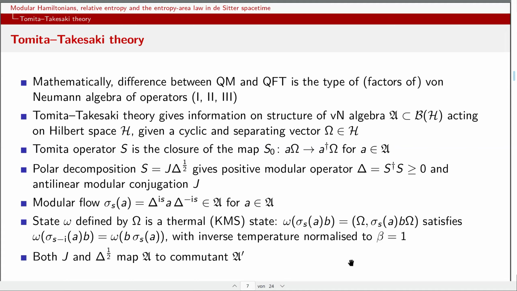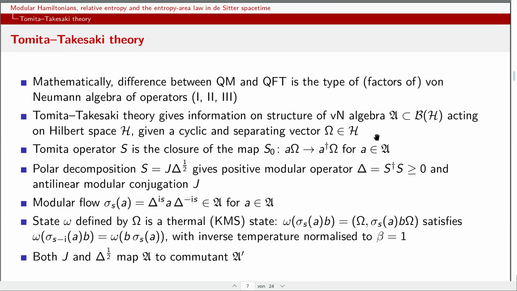And mathematicians have developed a theory to study the structure of von Neumann algebras in the general case, which is the Tomita-Takesaki theory. So what one takes is, well, I said, a von Neumann algebra A. This is the subalgebra of the bounded operators on some Hilbert space. And in addition to this, one needs a cyclic and separating vector omega.